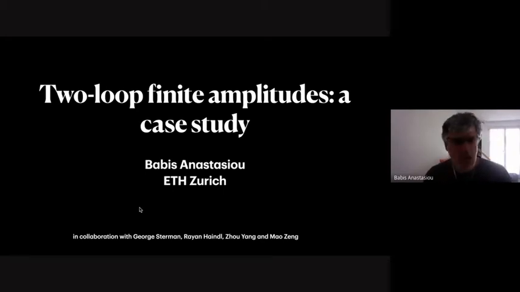So I will talk about how to create two-loop finite amplitudes that in principle can be calculated directly in d equals 4 dimensions without the need of regularization. This is work that I'm doing together with George Sterman, Ryan Heidel, Chu Yang, and Mao Zeng. With the exception of George Sterman, all the others are at ETH in Zurich.